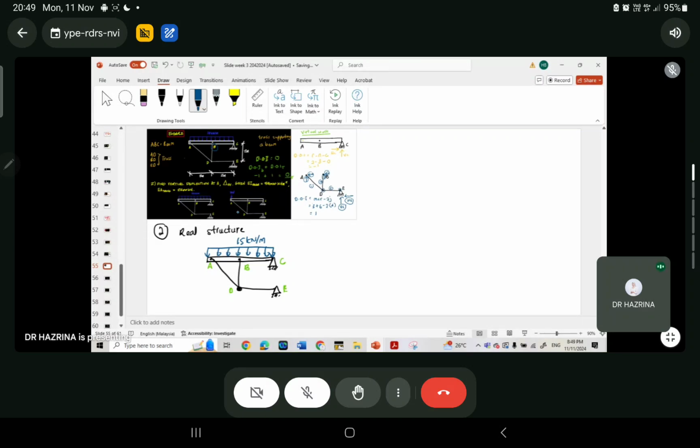Then we have to draw the virtual structure. So now you have the third step, you have to draw your virtual structure. Your virtual structure is the same. Mind my drawing, which is not very straight.